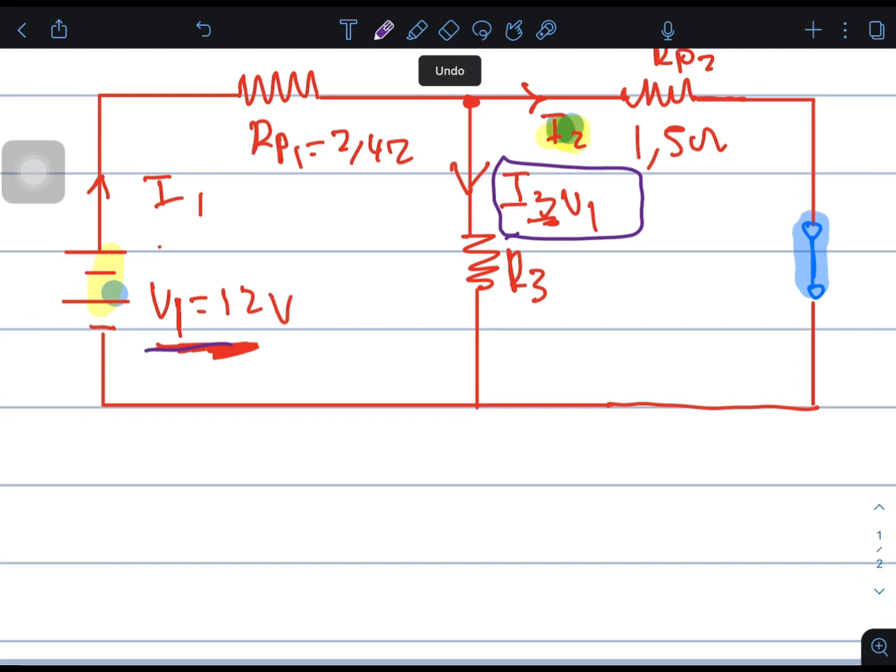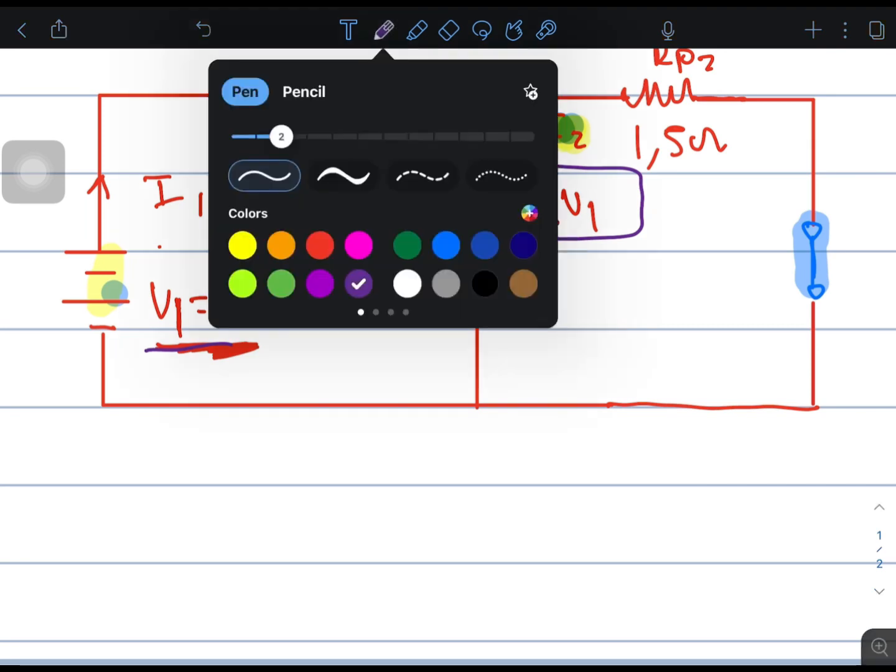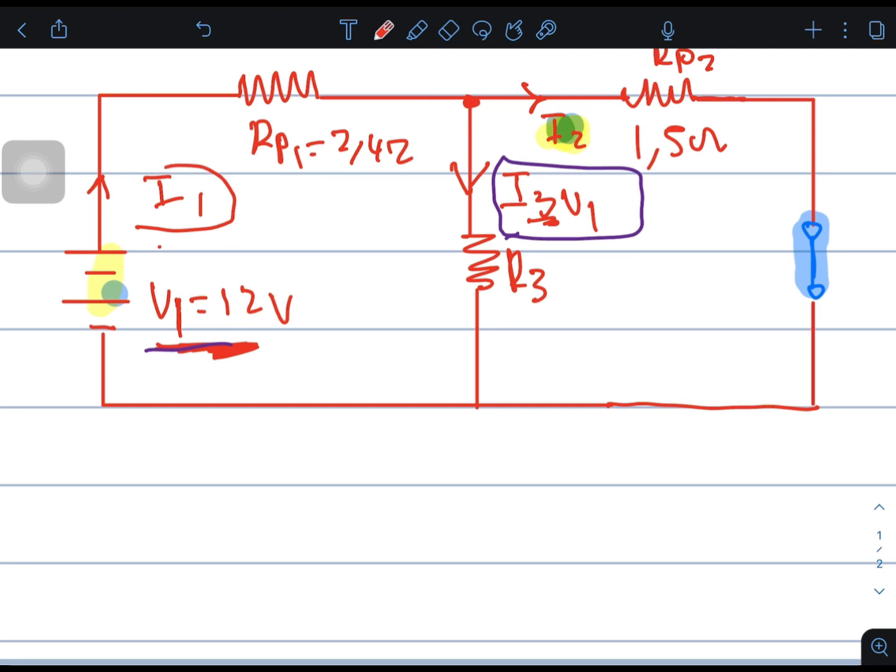How can we do that? We can first calculate the total resistance so that we calculate the total current, which is I1. Then we can apply a current divider rule. Just know that when you are doing superposition, you'll always apply the current divider rule.